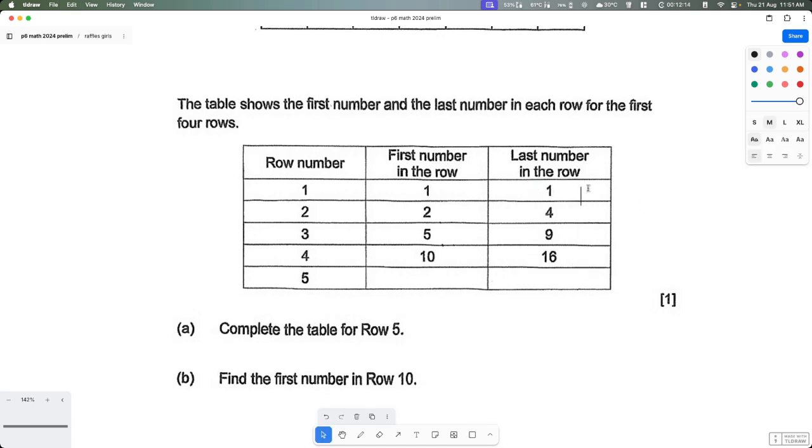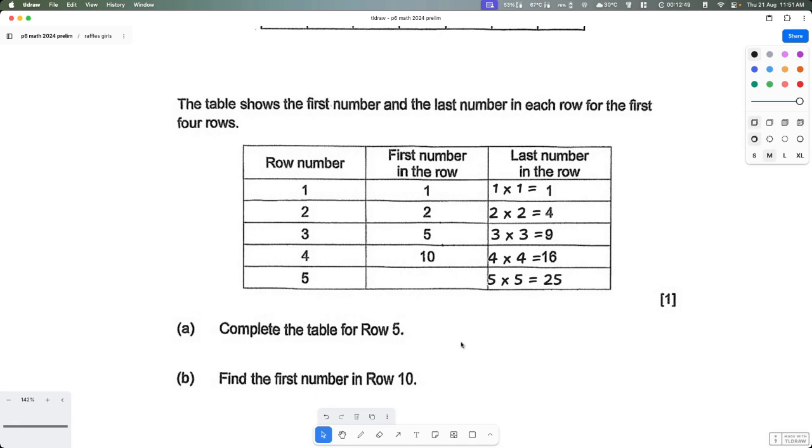It's 1 times 1, then 2 times 2, then 3 times 3, then 4 times 4, and lastly 5 times 5, which becomes 25.